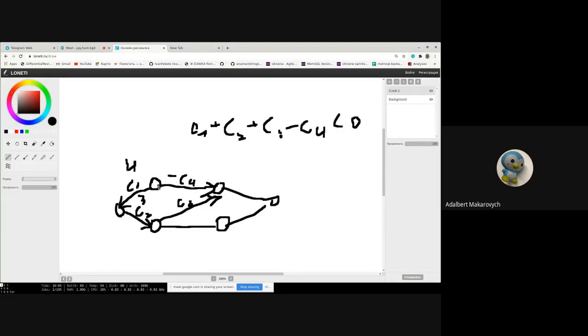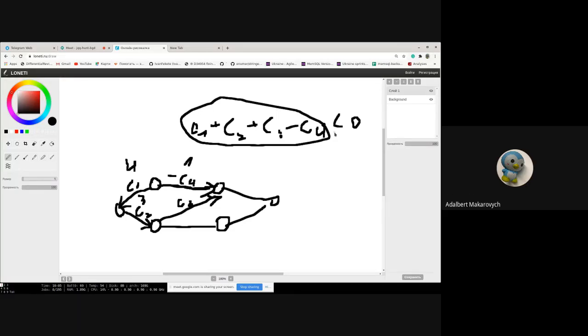For example, we already pass 1 here, so we can pass it in the other direction. Then we can go through this cycle, and our cost will change to this value, so it will become less.